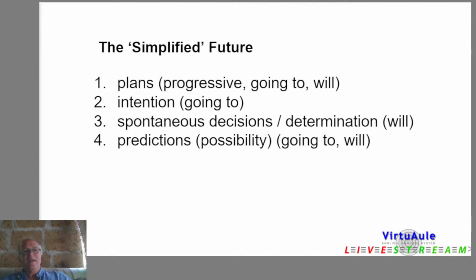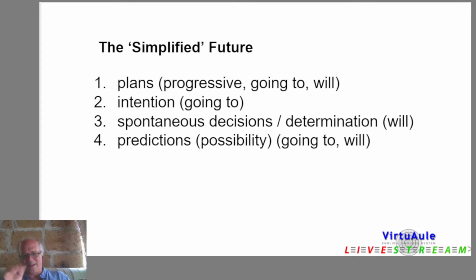Something like that. With predictions, which makes up a large part of the future, we can use going to or will. Okay, so there are some cases where maybe going to seems a little more scientifically sure, but let's go back and look at those first 2 or 3 slides.